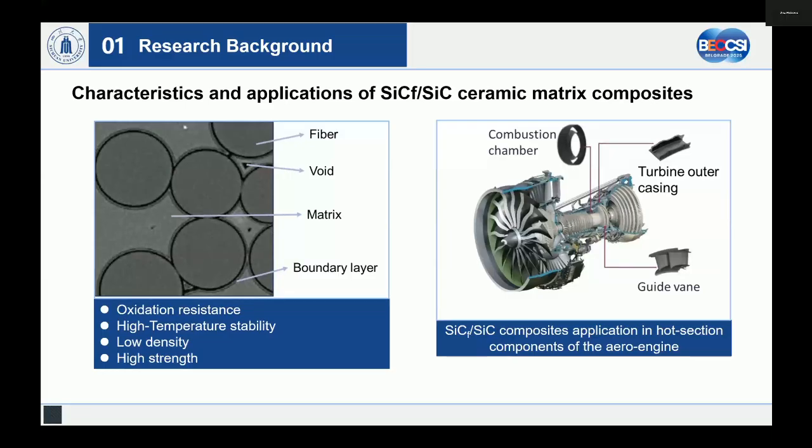First, let me introduce this ceramic matrix composite material. This composite is an advanced ceramic matrix composite consisting of a silicon carbide matrix reinforced with silicon carbide fibers, offering a unique combination of properties, including excellent oxidation resistance, high temperature stability, low density, and high strength.